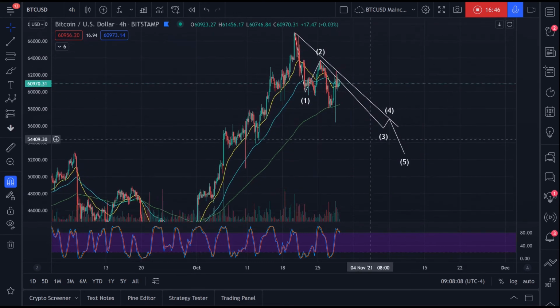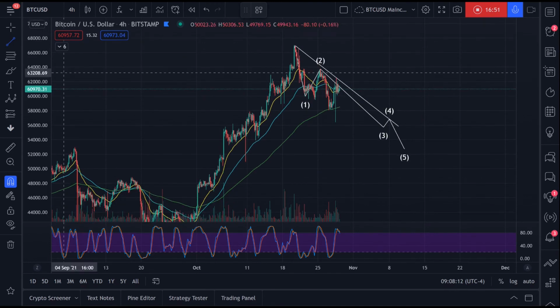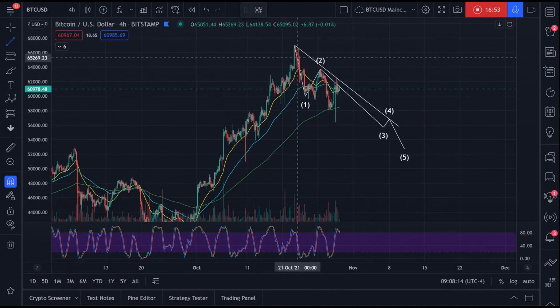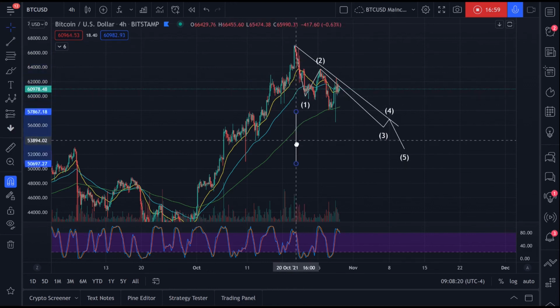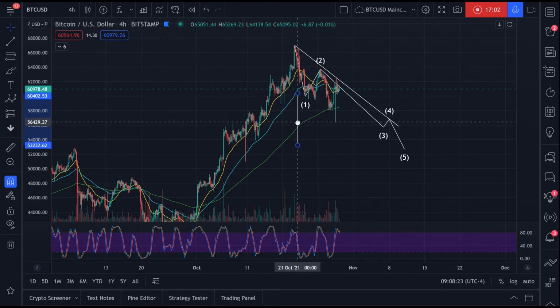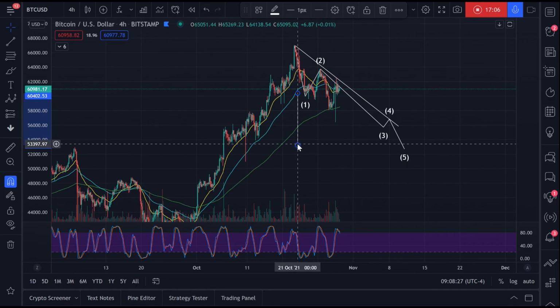If we put a target on this head and shoulders, it would be from the top to the bottom, right?